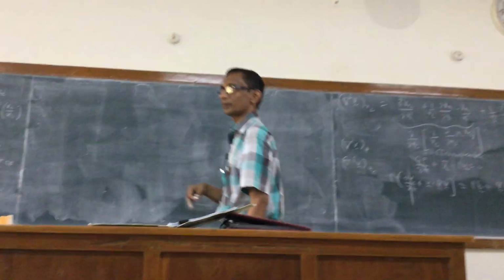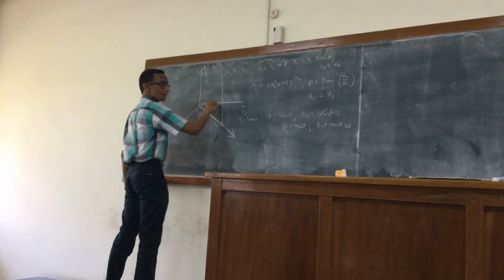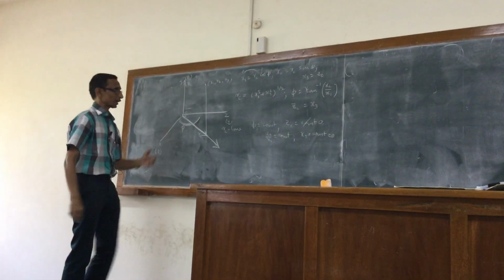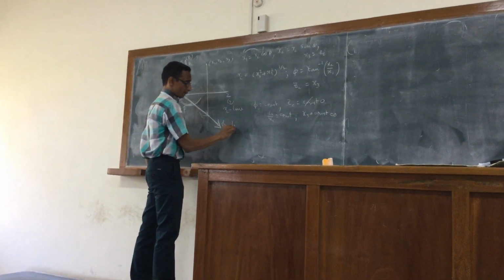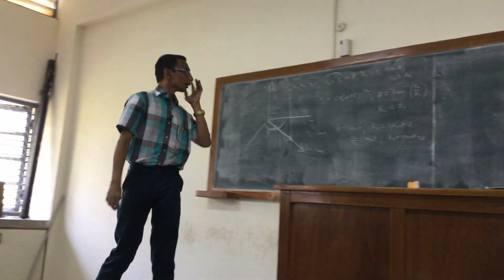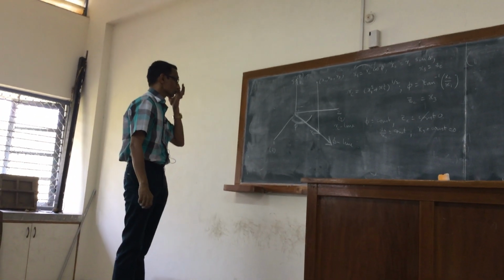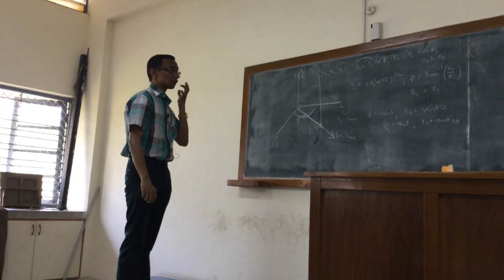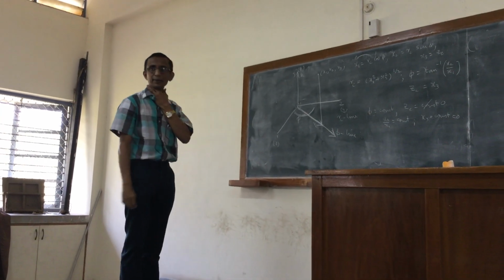Phi, of course, the phi line is this line, and again the phi line, its equation will turn out to be the equation of a circle.